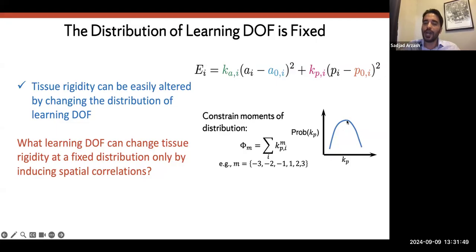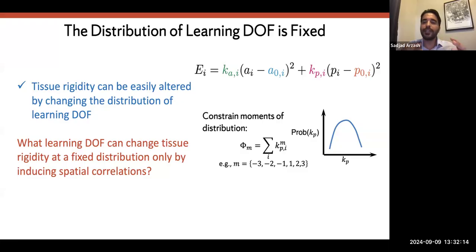So I would like to fix the distribution by constraining some moments of that distribution. If I add KP as a new degree of freedom with a normal distribution, I also do constrained minimization to make sure that the distribution of those KP values stays fixed during all these optimization problems.